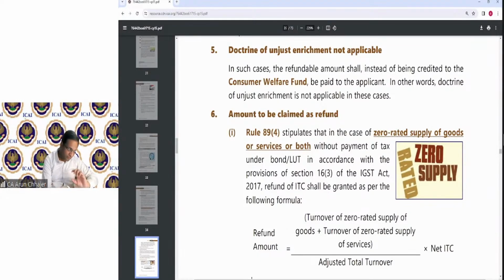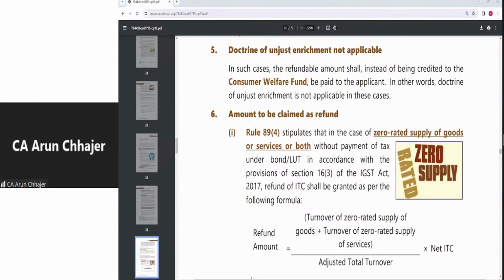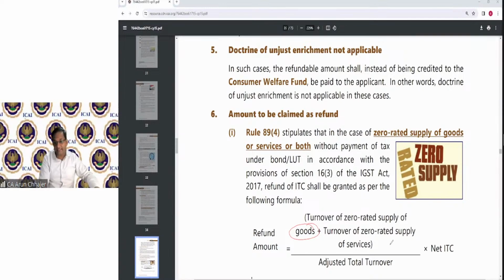Rule 89(4) says that turnover of the zero rated supply of the goods plus turnover of zero rated supply of services divided by adjusted total turnover multiplied by net ITC. What are they doing?